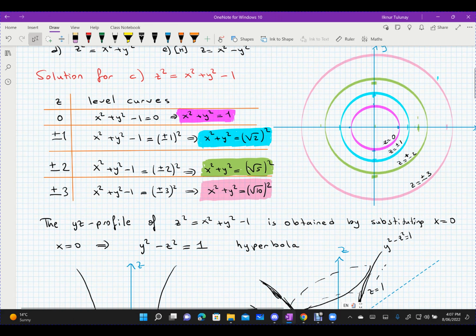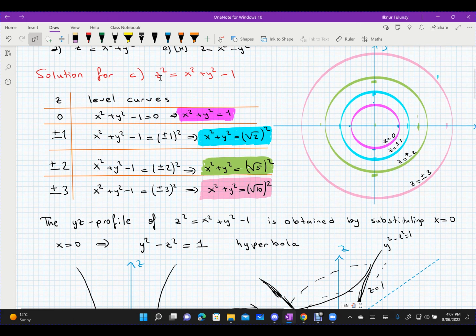Okay, level curves. So we have the surface z squared is equal to x squared plus y squared minus 1. We put in some values for z and we look at the curves occurring in the xy plane. For z is equal to 0, we obtain a circle with radius 1. That will be this circle. For z is equal to plus or minus 1, we have a circle with radius root 2, which will be the blue circle here.